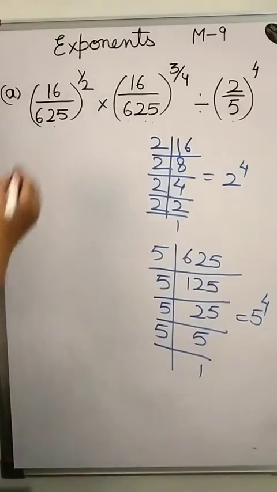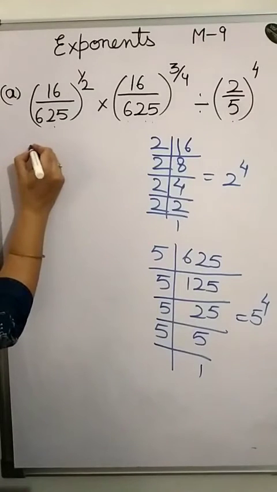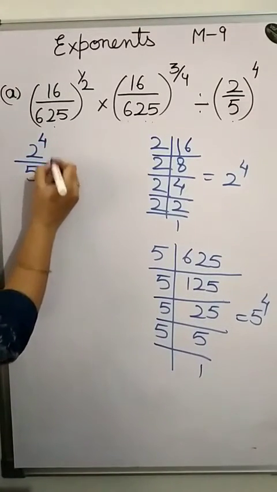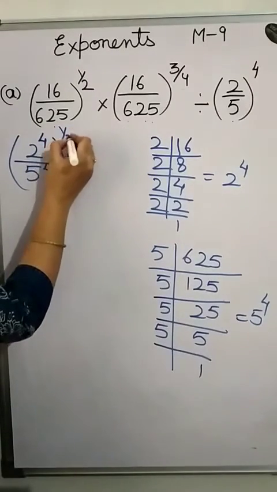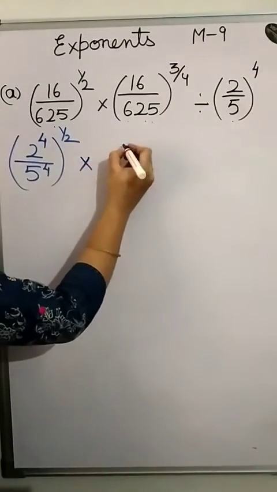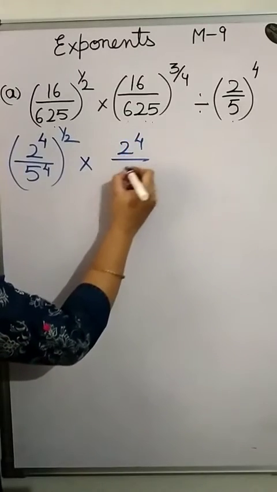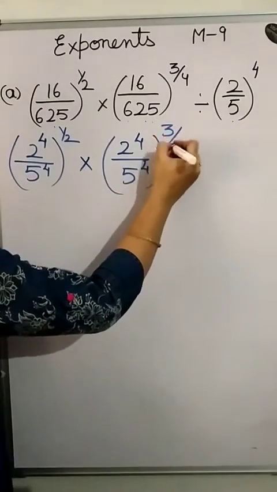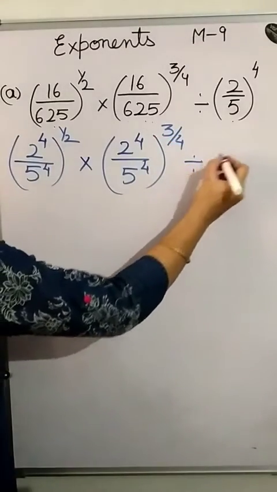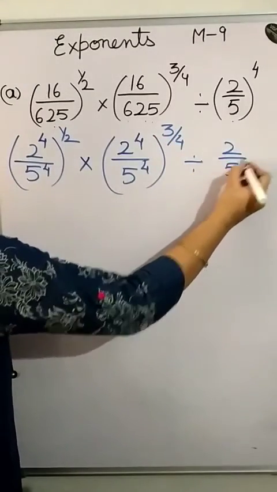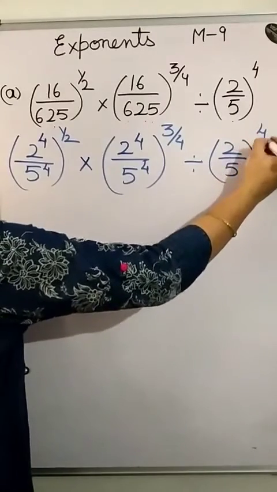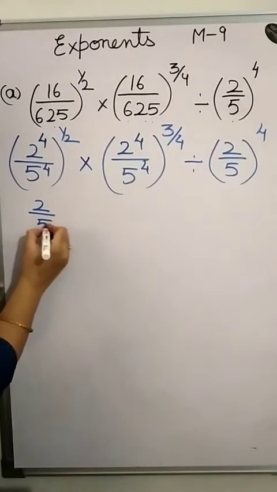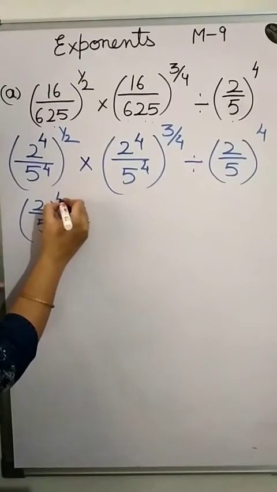Then what we do here, we write down 2 to the power 4, and here also I am writing 5 to the power 4, to the power 1/2, and it is 2 to the power 4 upon 5 to the power 4, times (2/5) to the power 3/4, divided by (2/5) to the power 4. Now we can write (2/5) whole to the power 4.